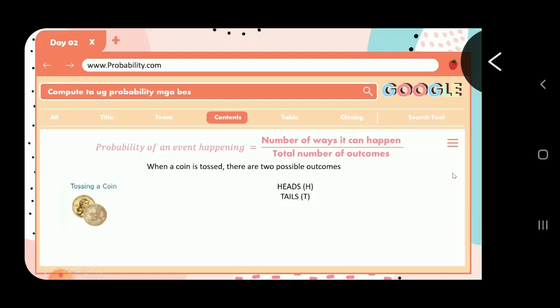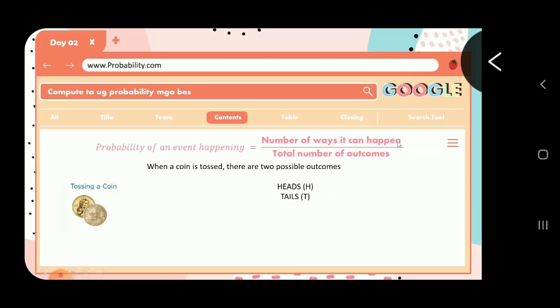Okay? Karon unsa man ang number of ways it can happen? Unsa man ibutang sa numerator? Ang total number of outcomes kay denominator, which is possible outcomes, so 2 na akong denominator.